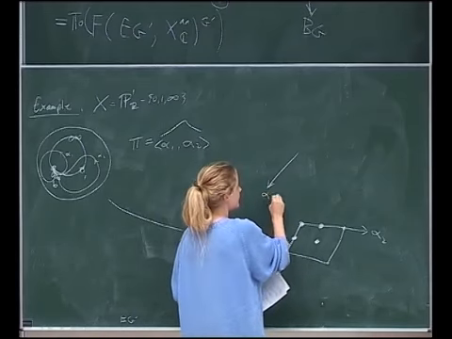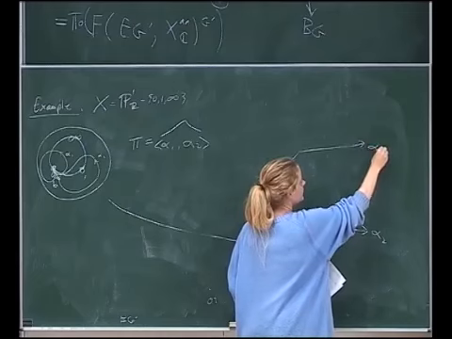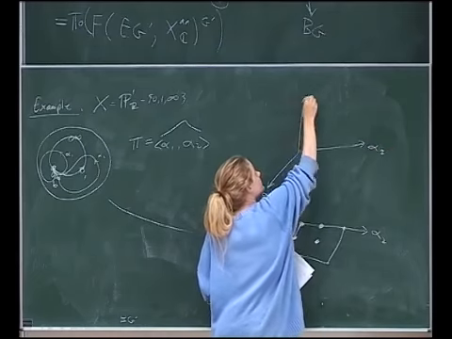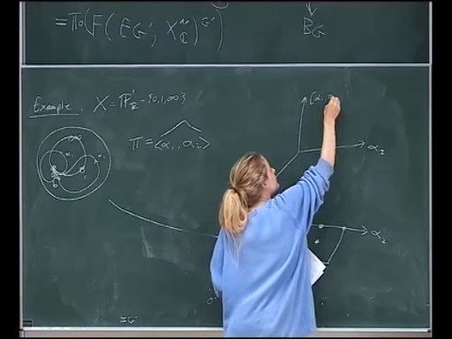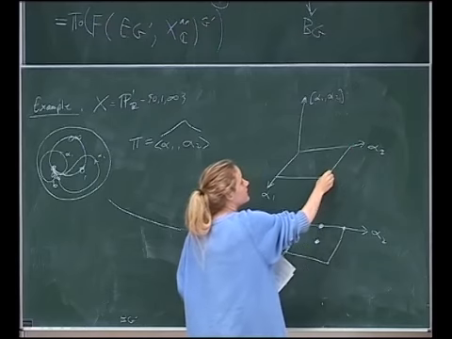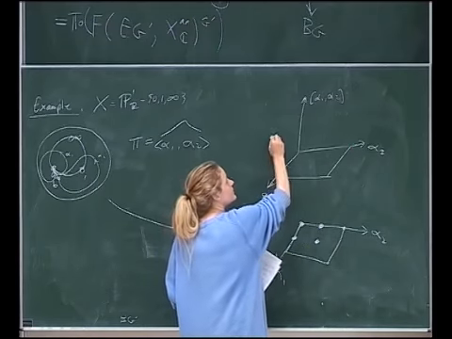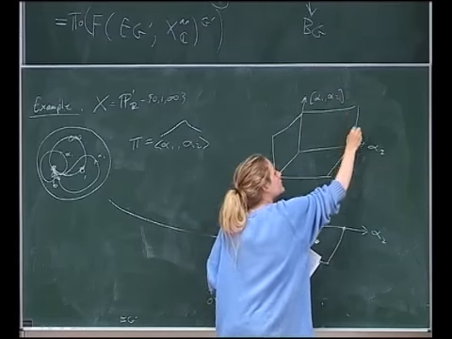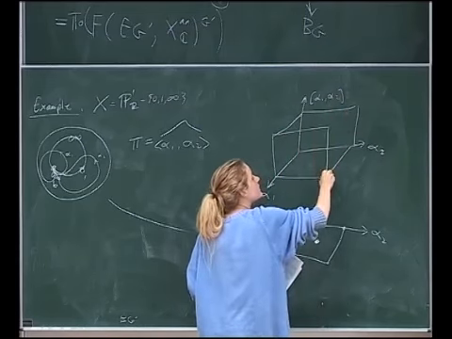Now, if we want to do the classifying space of the triple commutators, we also get the 2-nilpotent quotient. We have an axis for alpha 1, we have an axis for alpha 2, and we also have a non-trivial commutator.